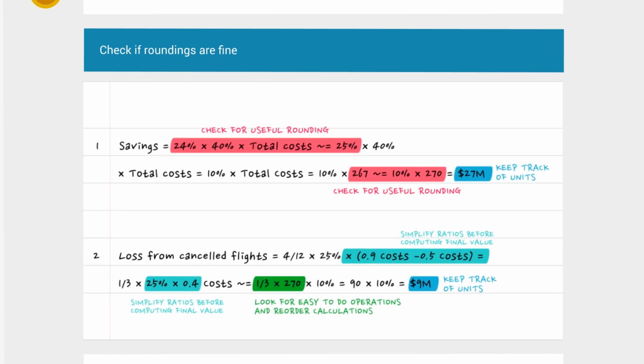The candidate was diligent in making useful and sensible roundings wherever possible. They made calculations easier by simplifying ratios before computing final values. Generally, the candidate looked for easy-to-perform operations and reordered calculations so as to make these possible. Finally, they kept track of their units and always presented answers in terms of them.